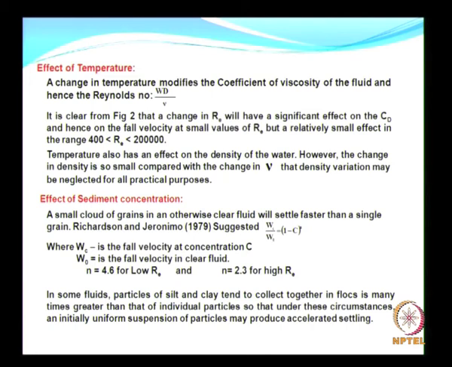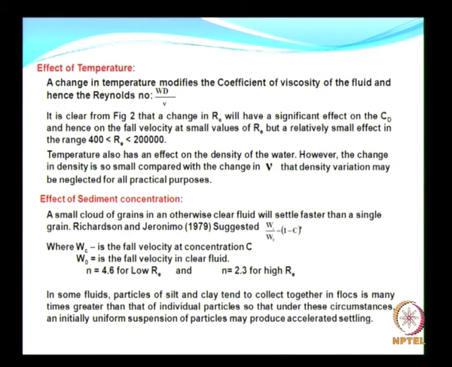It was Richardson and Zaki who suggested a formula that gives the fall velocity of sediments with concentration C, as you can see here, and W naught is the fall velocity in clear liquid.